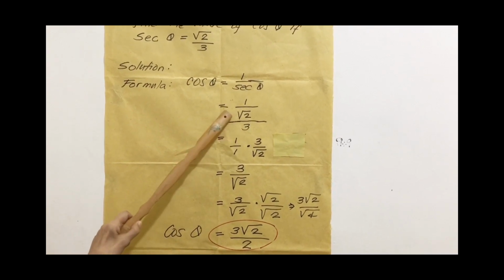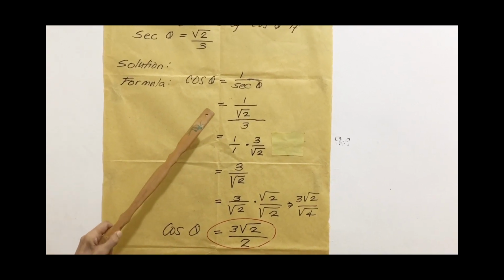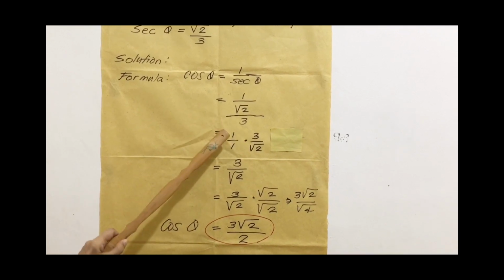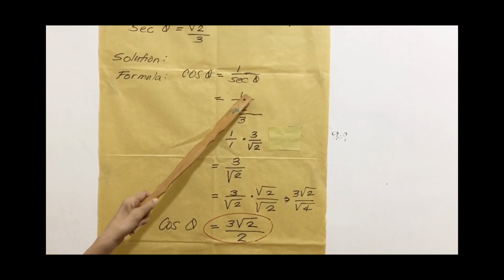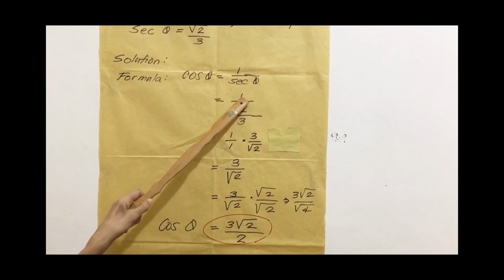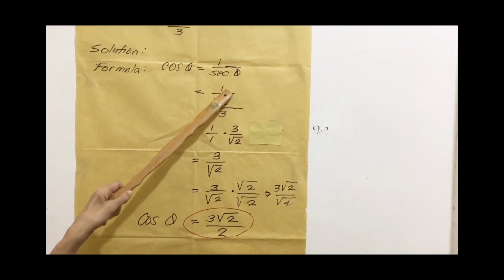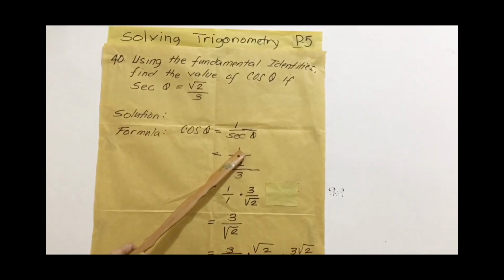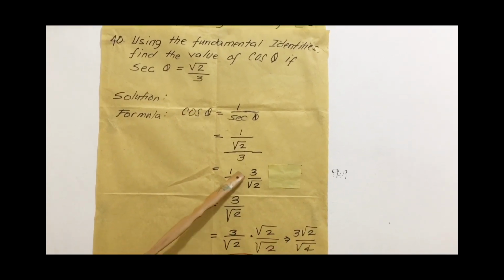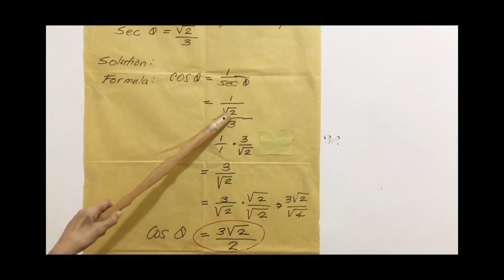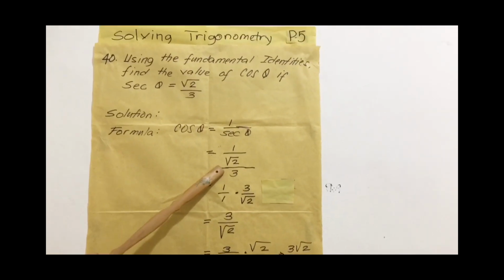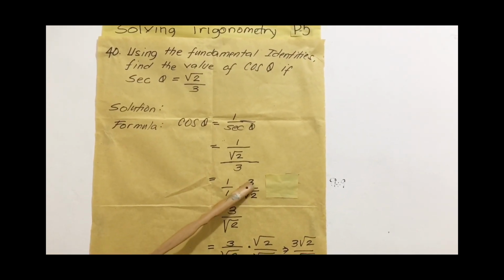So it becomes now a complicated fraction. So we have to do this to find the answer. For the numerator, we look for the denominator of 1. The denominator of 1 is equal to 1 times the reciprocal of this denominator. The reciprocal of this denominator now is 3 over square root of 2.